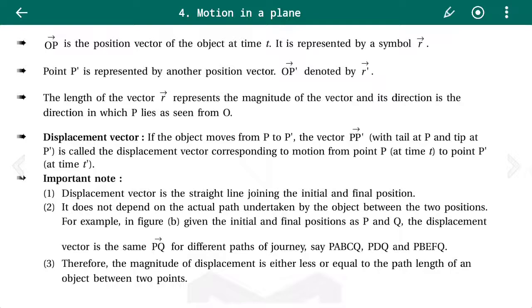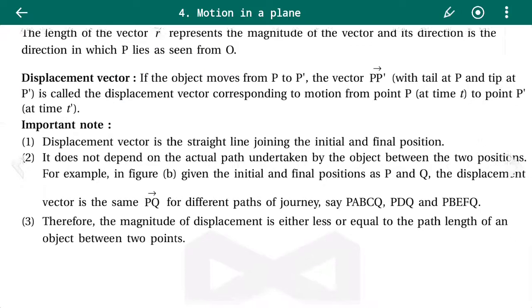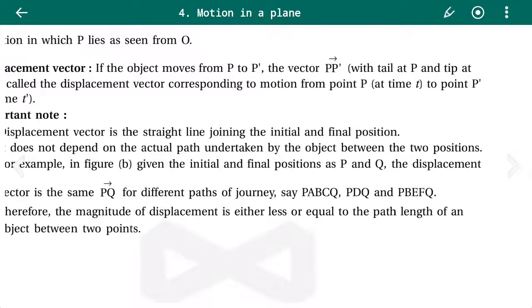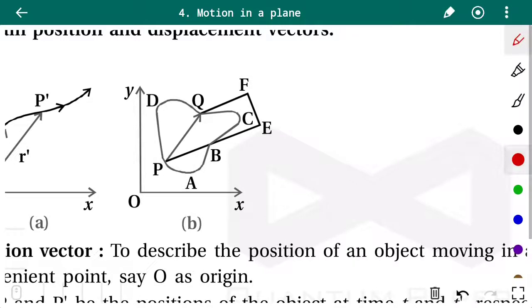It does not depend on the actual path undertaken by the object between the two positions. For example, in figure B, given the initial and final positions as P and Q, the displacement vector is the same PQ for different paths of journey, say PABCQ, PDQ and PBEFQ. You can see this figure. For this figure, the displacement is PQ, right? So whatever path it takes, if the object goes from P to Q directly, or it goes from P to D and again to Q, it has started its motion from P and ended at Q, right?